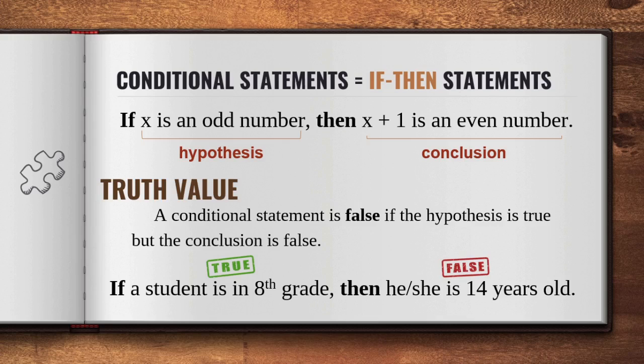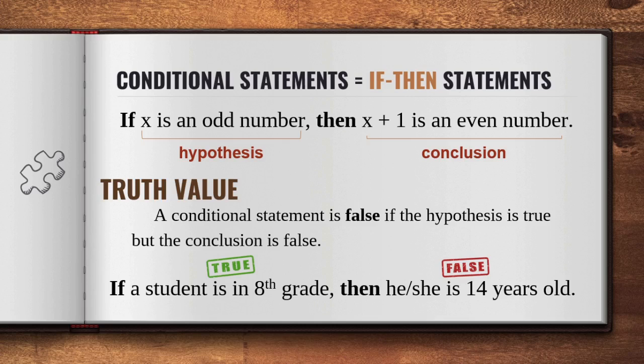Why? Because we could think of a counterexample or an instance wherein that conclusion becomes false. We could have an 8th grader who is 12 years old. We can have an 8th grader who is 13 years old. We can have an 8th grader who is 15, 16, 17, or 18.